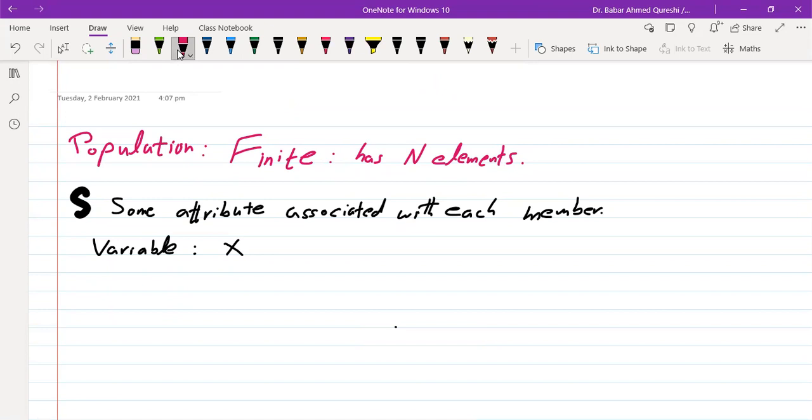So now what I can do, I can talk about the distribution of the population for this variable x.